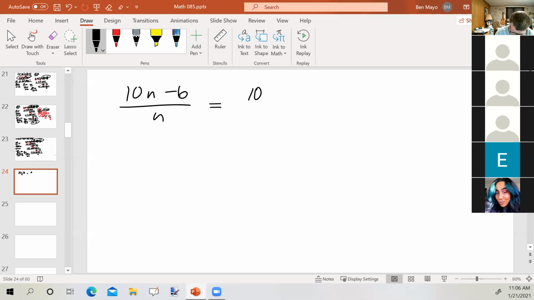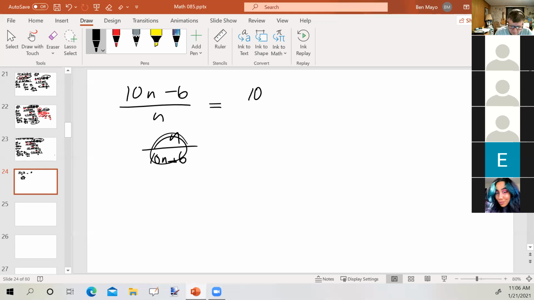Divided by 10n minus 6. Divided by 10 and minus 6? N. So n divided by 10n minus 6? Yeah. Not quite. Keep working on it. I'm trying to get you to say correctly what I should write here.